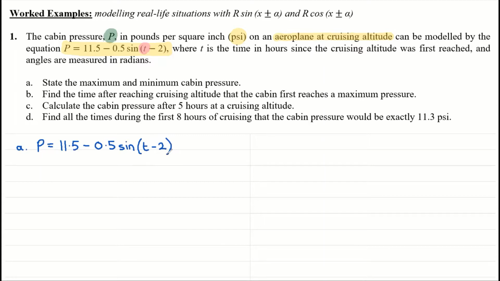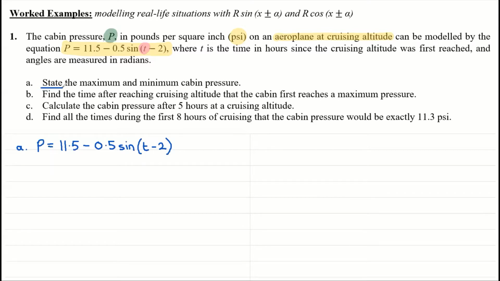Okay. Now then, we have to consider what would happen at the minimum and maximum values of this function. So we know they exist because we have to state them. And the fact that we have to state it, as it says here, means that this should be relatively straightforward.